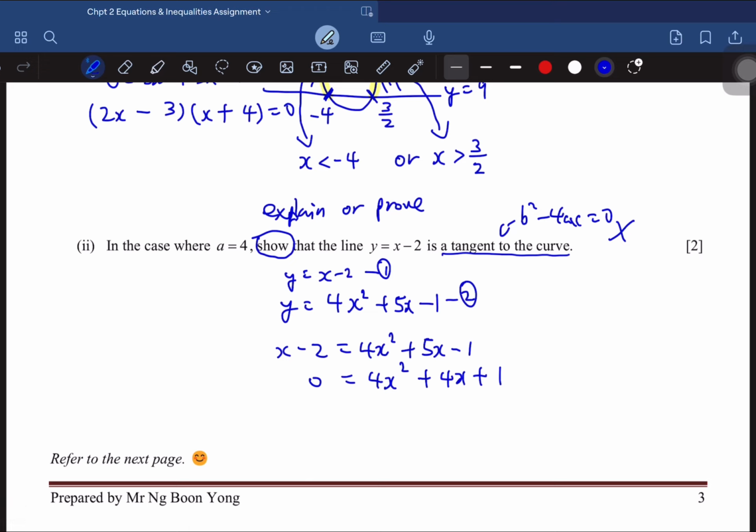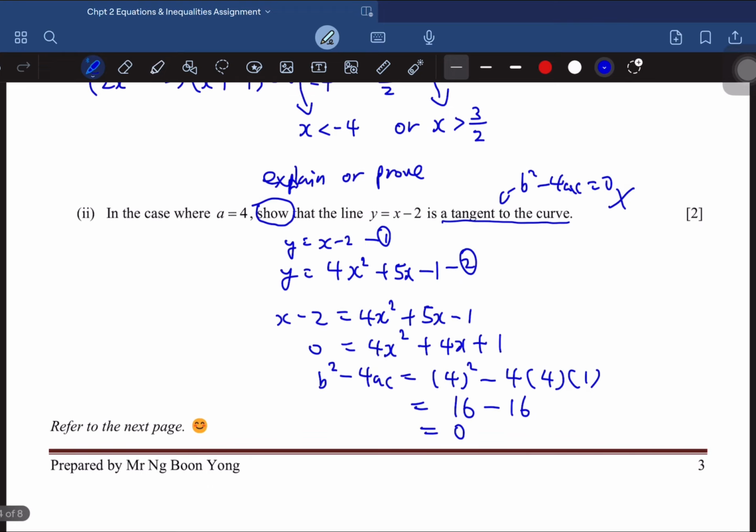How? Now our quadratic equation equals 0, so we can find the value of discriminant. So b squared minus 4ac, value only. My b is 4, my a is 4, my c is 1, so b squared minus 4ac is 16 minus 16, so equals to 0. Good.